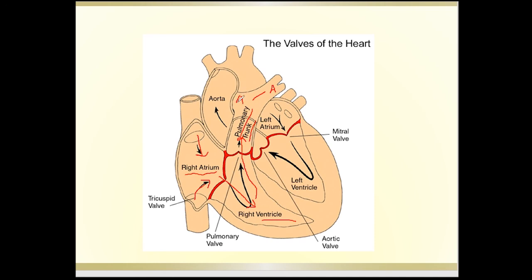That's the right side. On the left side, blood comes back from the pulmonary vein to the left atrium, from the left atrium to the left ventricle, and from the left ventricle to the aorta.